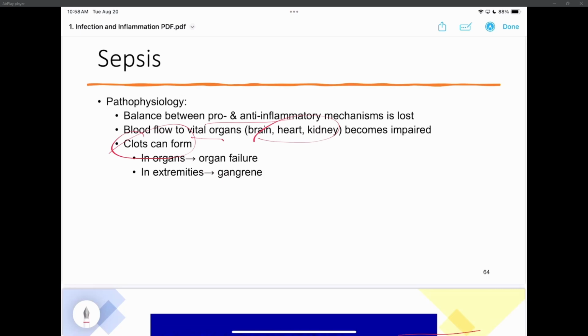But in sepsis, they throw clots because they're in a clotting environment. If the clot happens in an organ, you get organ failure. If the clot happens in your extremities, you get gangrene, which we've already learned about: lack of blood supply to an area, ischemia, tissue dies off.